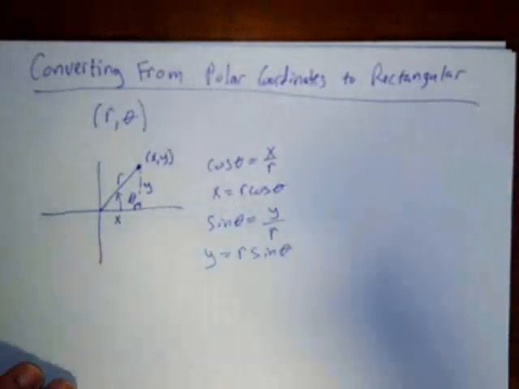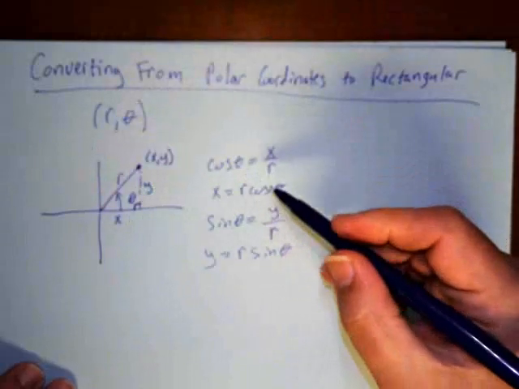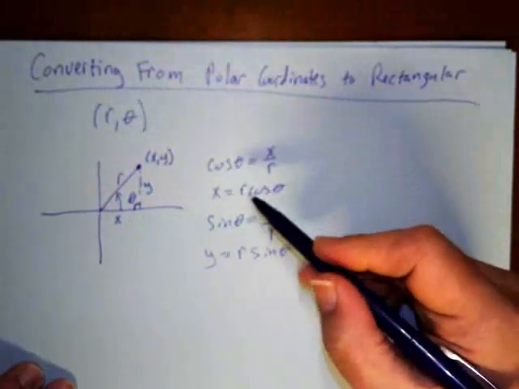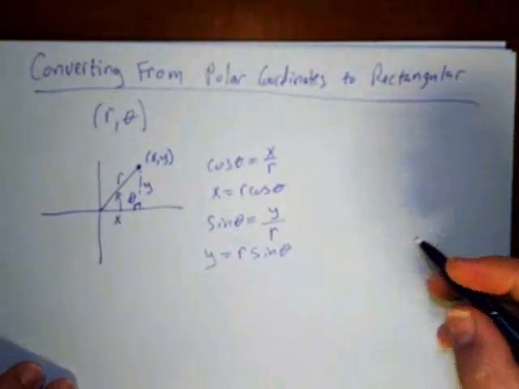And so it's very easy. If you have an r theta, a polar coordinate, then you just take r times the cosine of theta to get the x coordinate, and r times the sine theta to get the y coordinate.